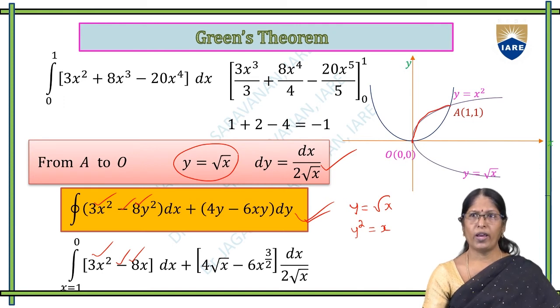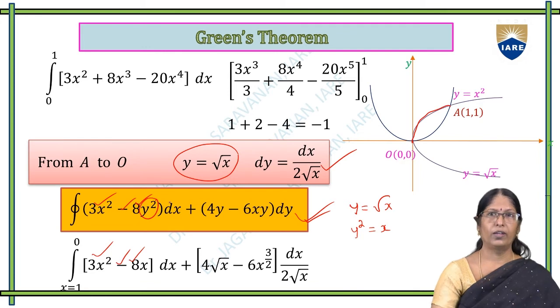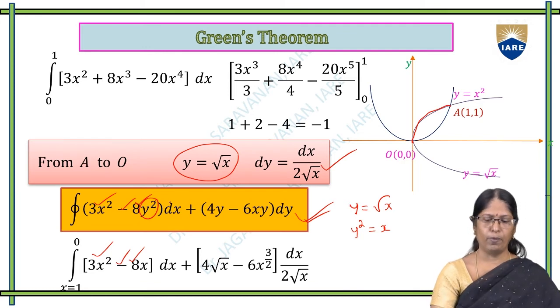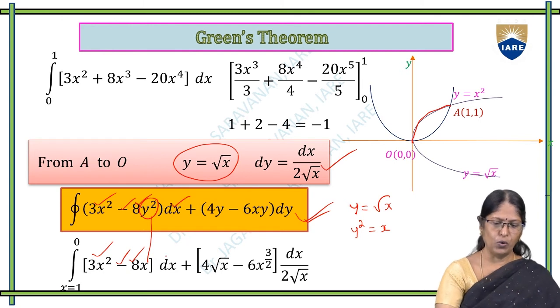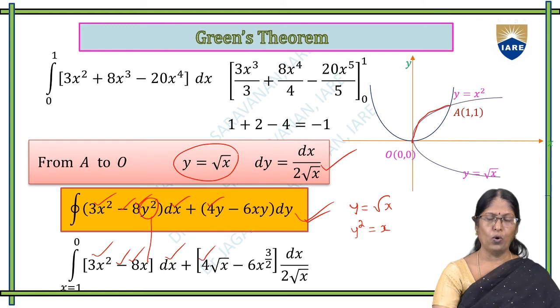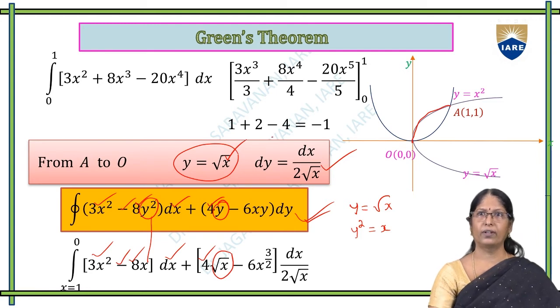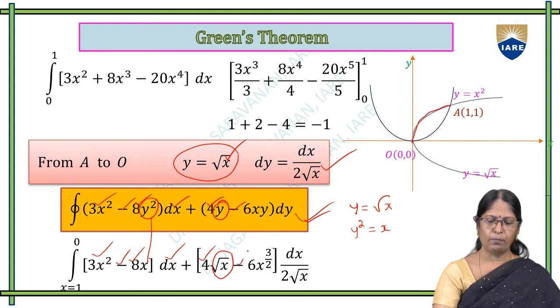This y square is replaced by x, dx no change at all. 4, 4. y is replaced by root x, minus 6, 6.